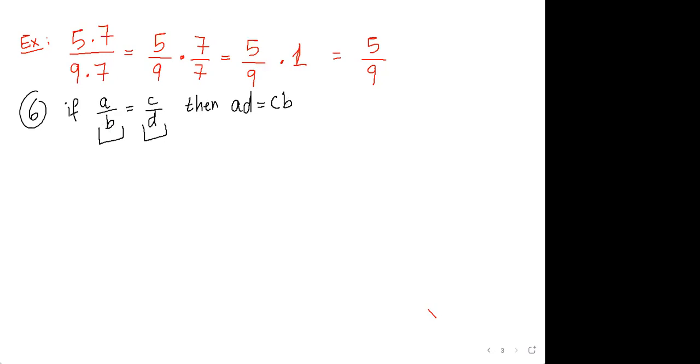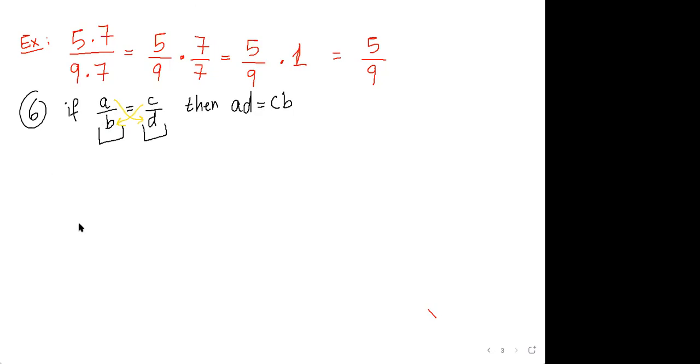This is named cross multiply. Here, this cross this equals this cross this. So AD equals CB.